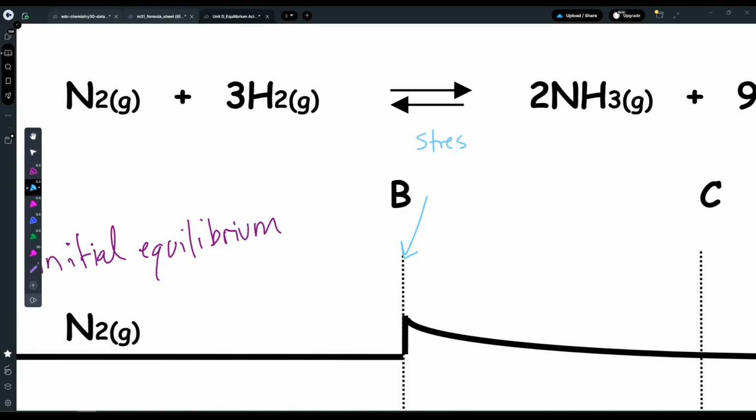So stress was applied at point B. So pressure was increased. How we can tell that is because all of the concentrations went up.